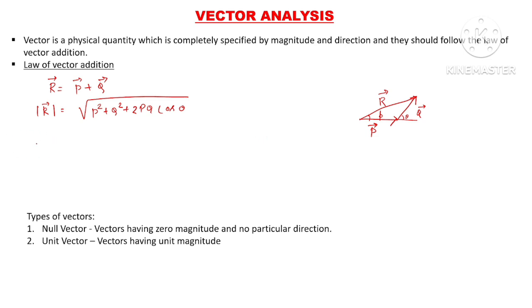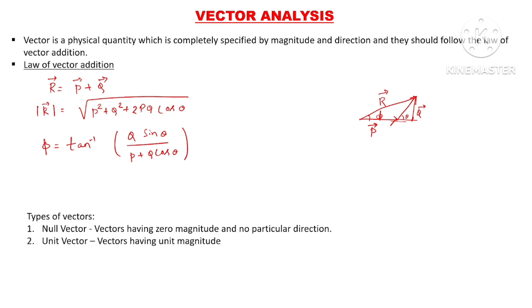And if we try to find the angle between P and R, it will be tan inverse Q sine theta divided by P plus Q cos theta. So how is this formula written? See, this is phi. Tan phi will be this right here divided by this right here, right?